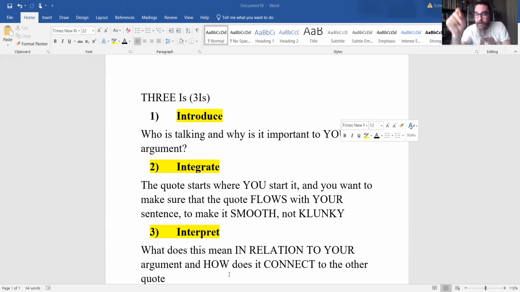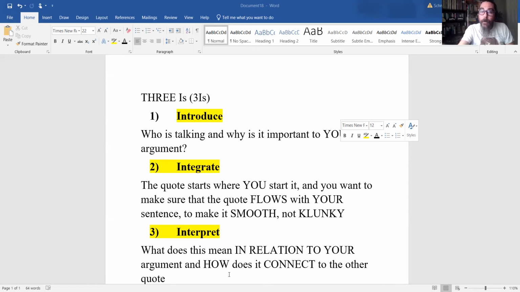Now this ellipses, the three dots, illustrates that you as the author of this paper have included a gap. If you find this quote in the David Foster Wallace piece, you will see that this is a much longer quote.